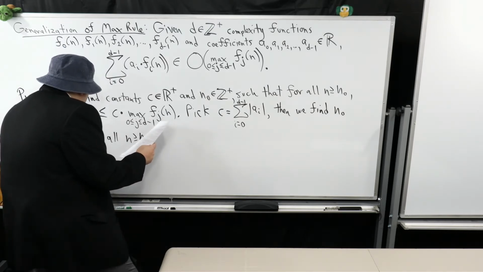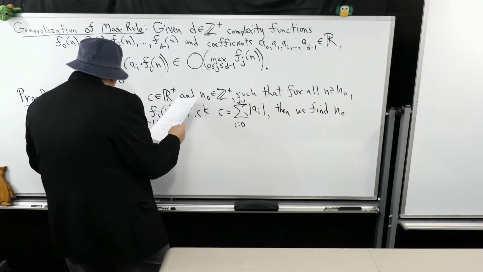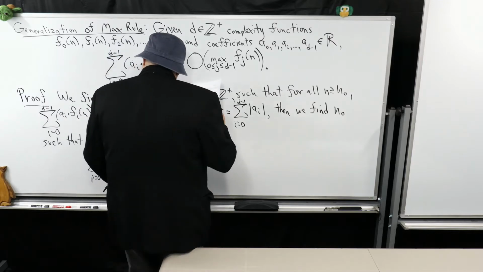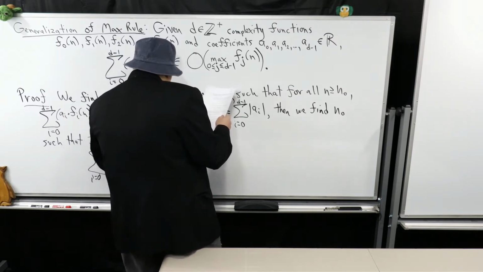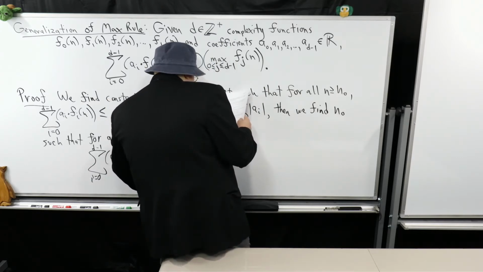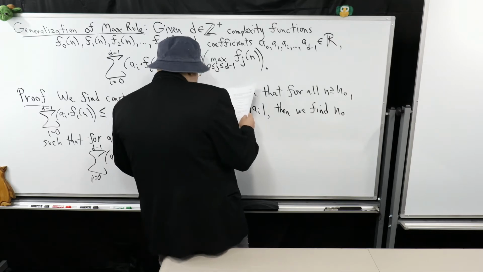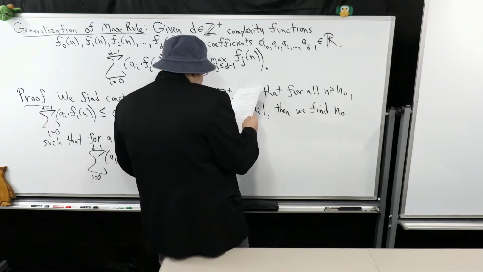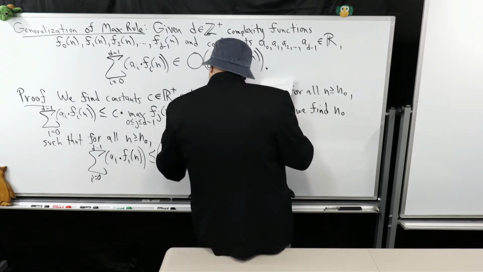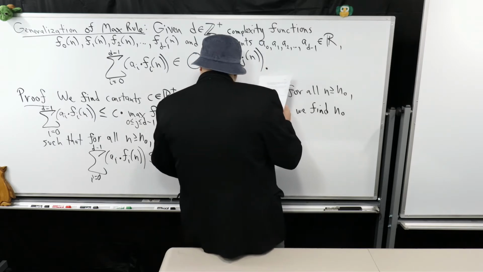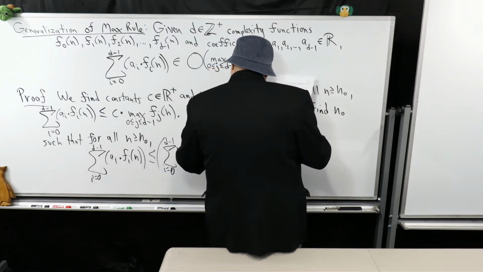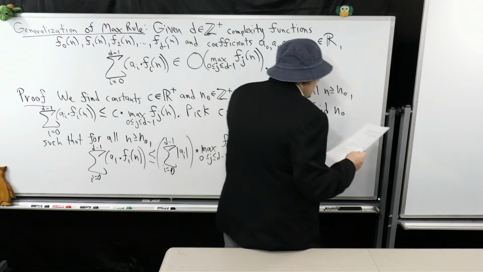The sum from i equals 0 to d minus 1 of the product of a sub i times fi of n is less than or equal to the sum, and I'm going to write in parentheses here just to make it a little easier to see, from 0 to d minus 1 of the absolute value of that. Remember, that's just going to be C times the max. So that's what we're going to need to demonstrate.